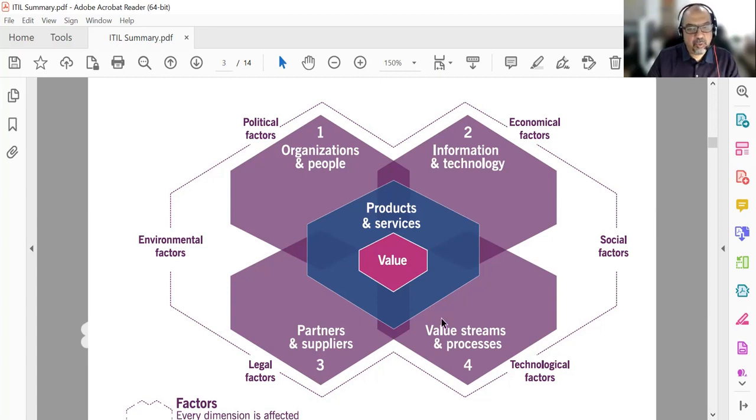So these are the four components, and we also have some external factors. We call them PESTLE, affecting our services. PESTLE is the acronym for political, economic, social, technological, legal, and environmental factors. So these six factors will affect any service anywhere.